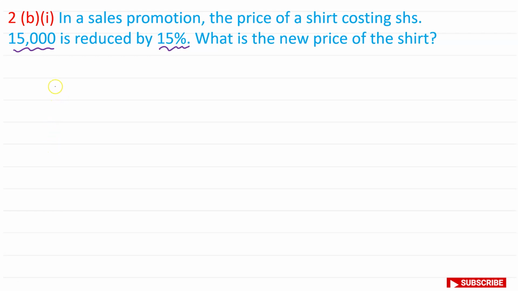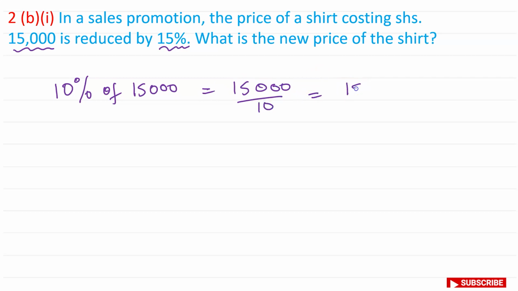Okay, so first let's do 10% of 15,000. What do we get? Well, we just need to divide that by 10. So 15,000 divided by 10, this is going to be 1,500. So this is 10%. Well, how do we get 5%?